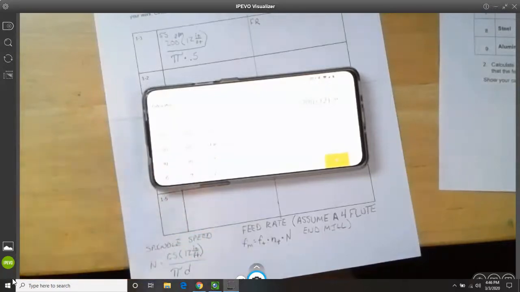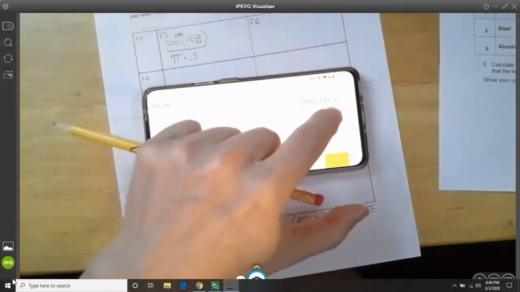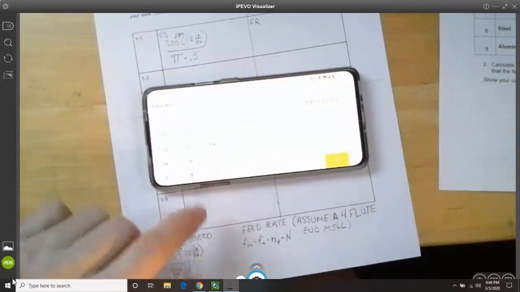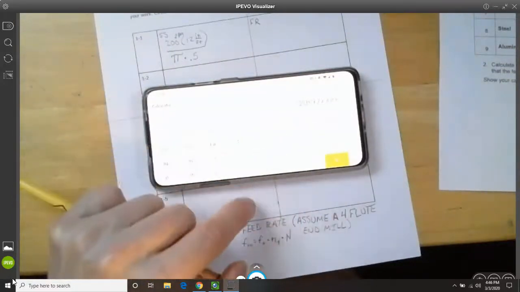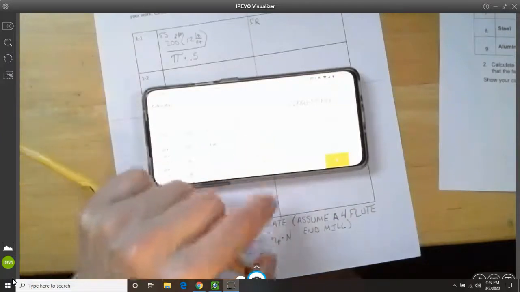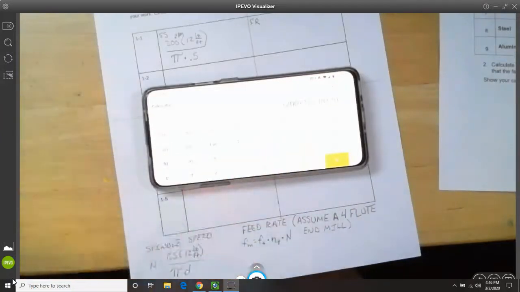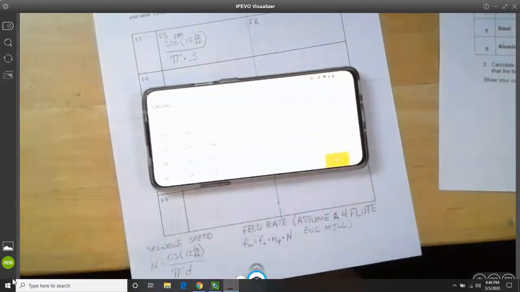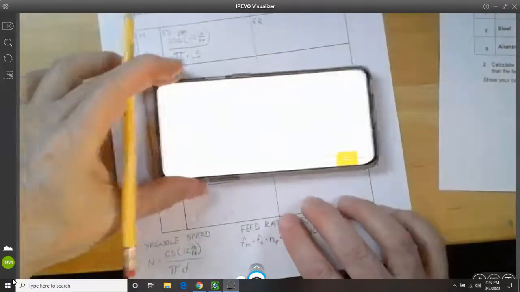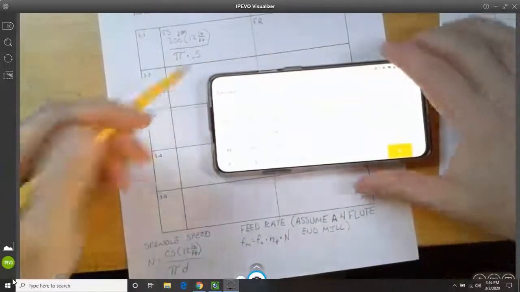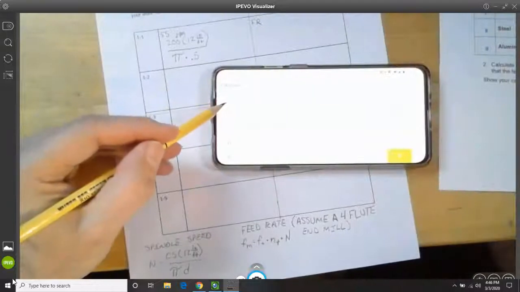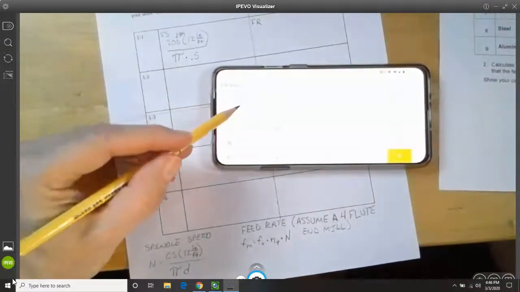There it is, pi. Oops, I'm going to backspace one. I've got to use the open parenthesis. So it's pi times the tool diameter, which is 0.5, close parentheses, and then I'm going to hit the equal sign, and that is going to give me this value. Well, you can't really see it too well on here, but it's 1,527.887.